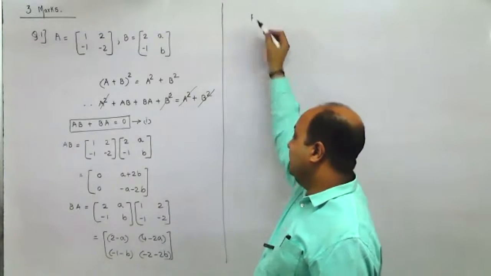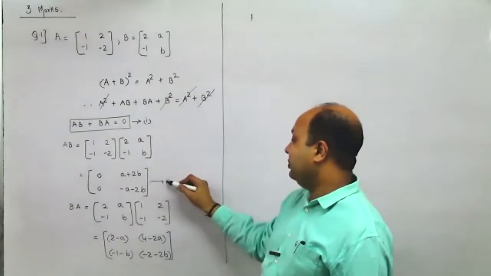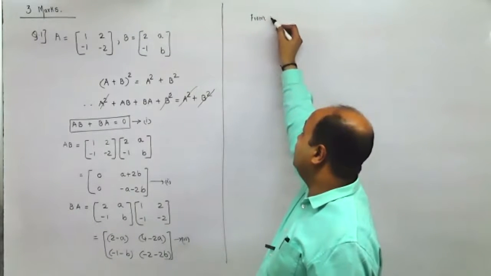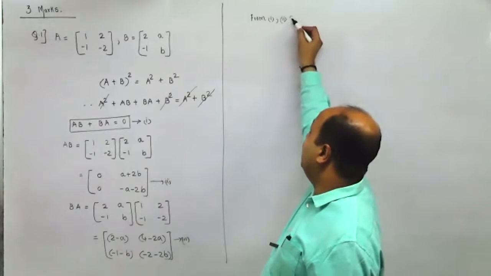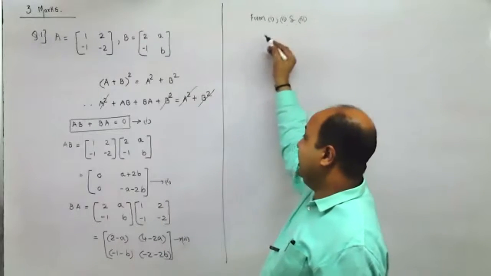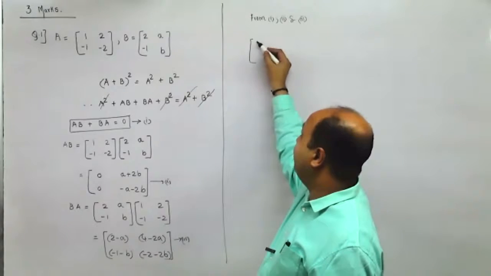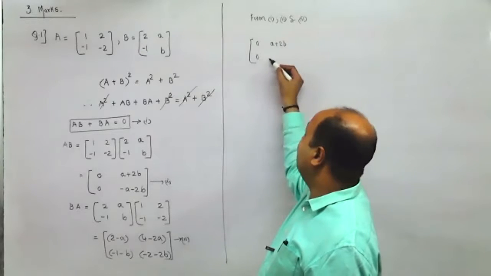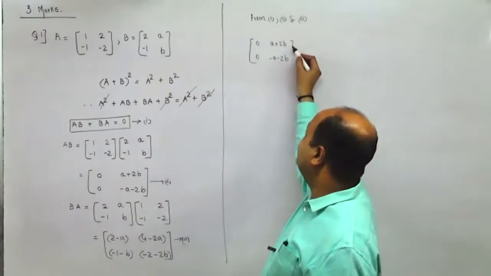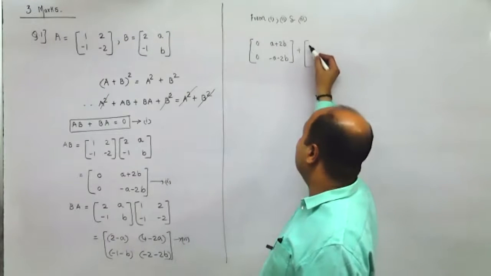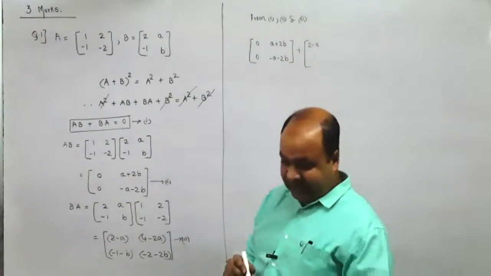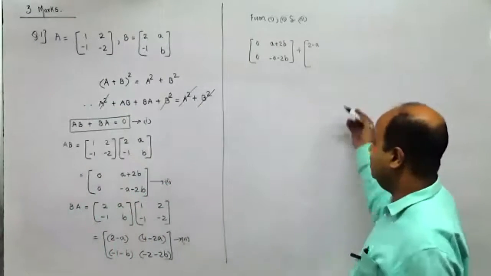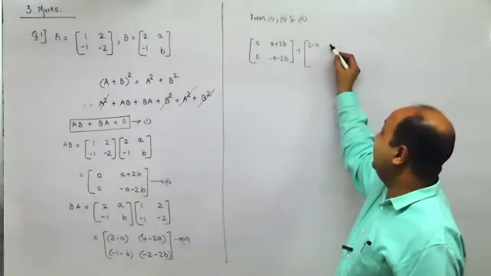So therefore, from 1, 2 and 3, what do you have? From 1, 2 and 3, we can say 0, 0, a plus 2b, minus a minus 2b, plus 2 minus a, then this would be 4 minus 2a.